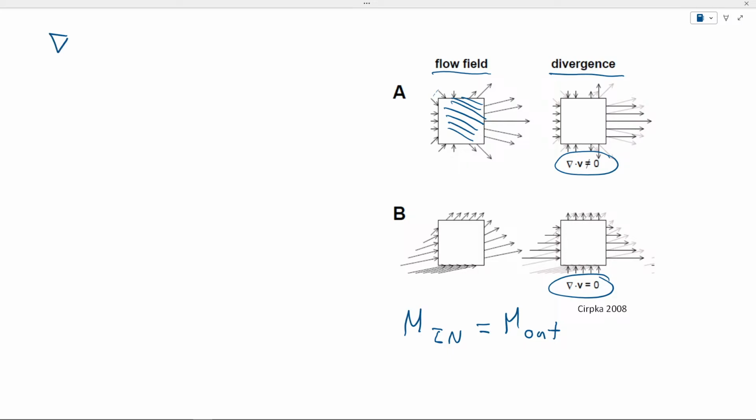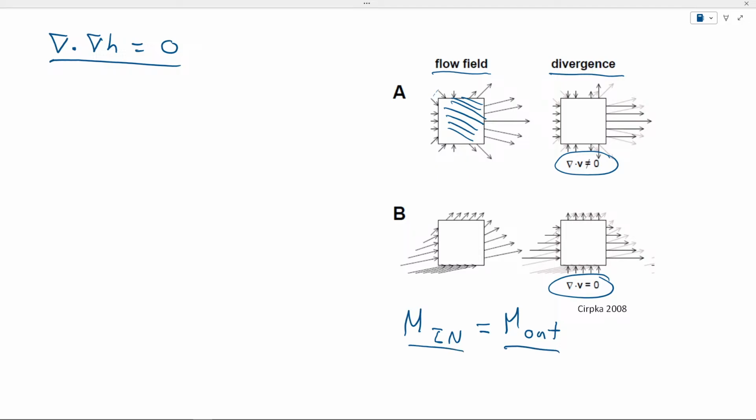Okay, so at steady state, when the divergence is equal to zero, I have my divergence here, equal to zero. Divergence equal to zero means I'm at a steady state: what's coming in equals what's going out, mass in equals mass out.